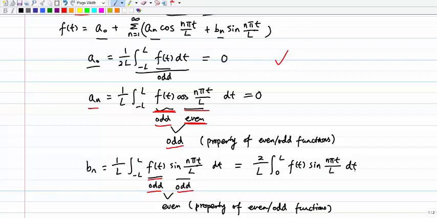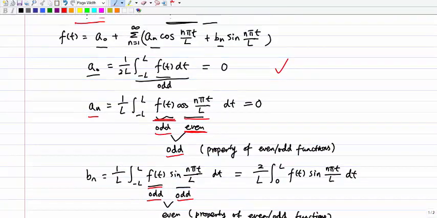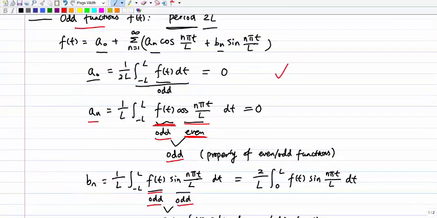I can combine this 2 with 1 over L, so it's 2 over L times the integration from 0 to L of f(t) sine of n pi t over L dt. So this is how you can simplify the whole thing.